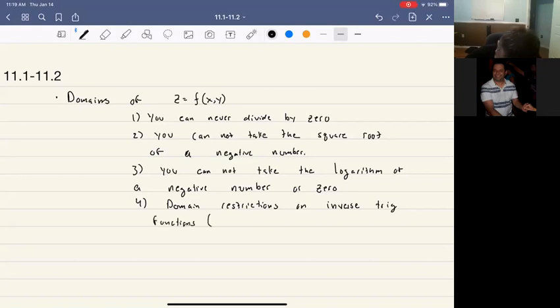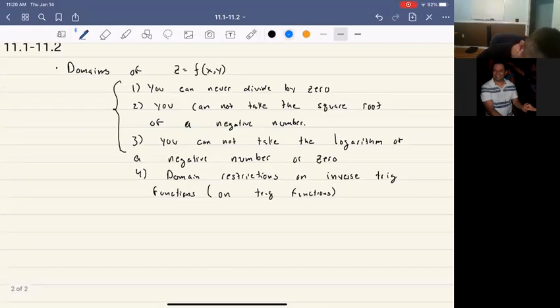And also on trig functions as well. For example, you can't take the tangent of pi over 2. So things like that. We're going to mainly focus on these 3, but this 4th one might show up.